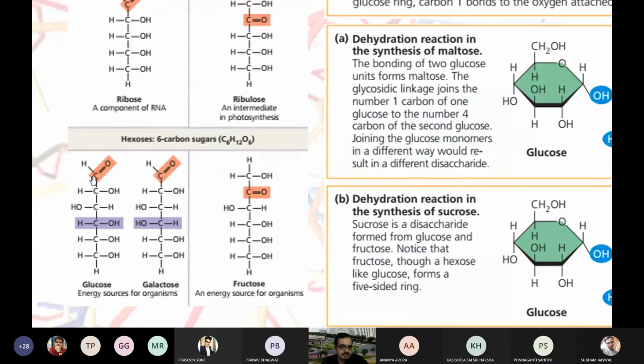See, there is one carbonyl group, and how many OH groups? 1, 2, 3, 4, 5. 5 OH groups. Okay. So there are 5 carbons with OH, total 6 carbon atoms. Only 1 carbon atom contains your carbonyl group, and others are majorly hydroxyls. Okay. So this is the reason, and each carbon has a hydroxyl and an H group. So when you normally burn this, what goes out?